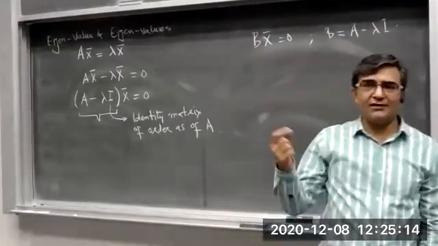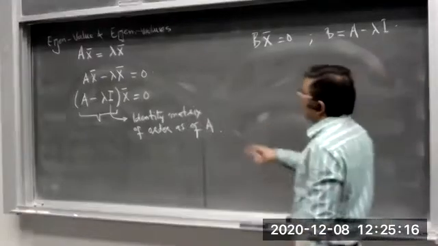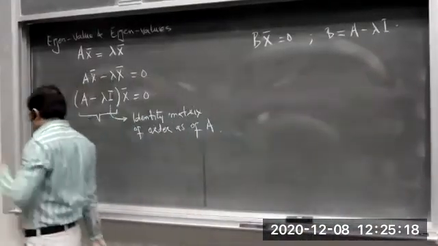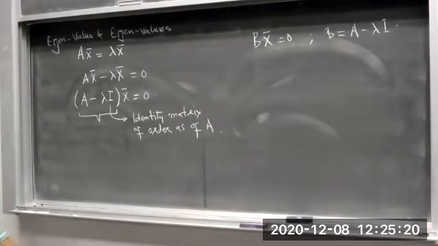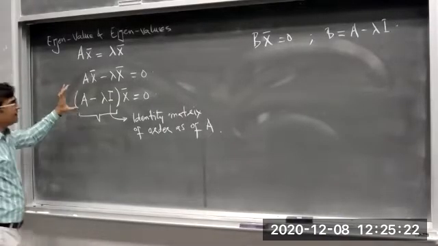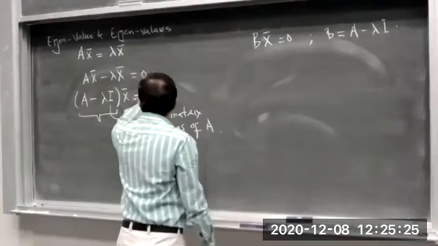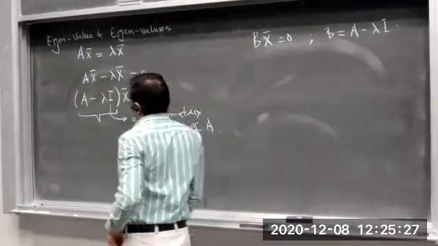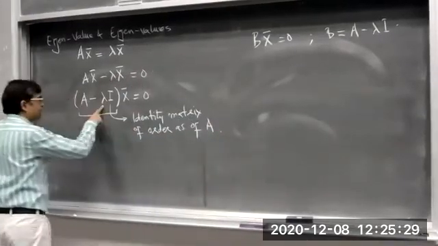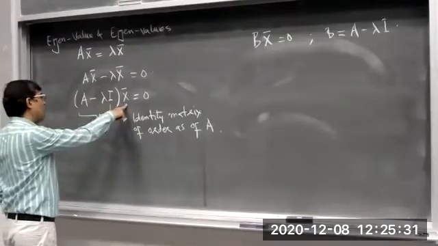In order to solve that system, we had obtained such an equation, and I told you that we can use this equation to find lambda, which is the eigenvalue, and X, which is the eigenvector.